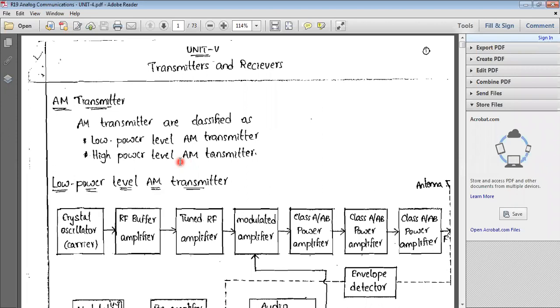Depending on these techniques, we have AM transmitters. If the modulation is done at low power levels, it is called a low power level AM transmitter, and if the modulation is done at high power level, it is called a high power level AM transmitter. In the next class, we will observe the block diagrams of low power level and high power level AM transmitters.